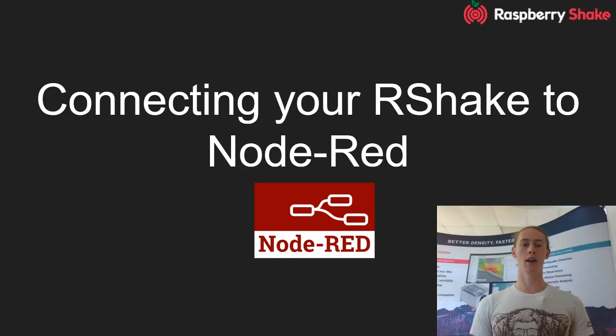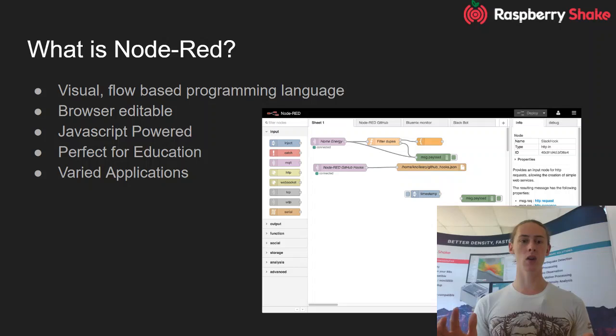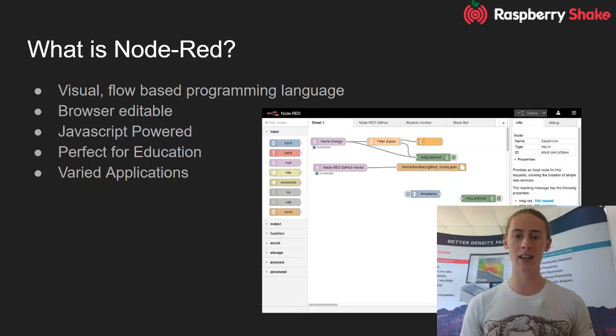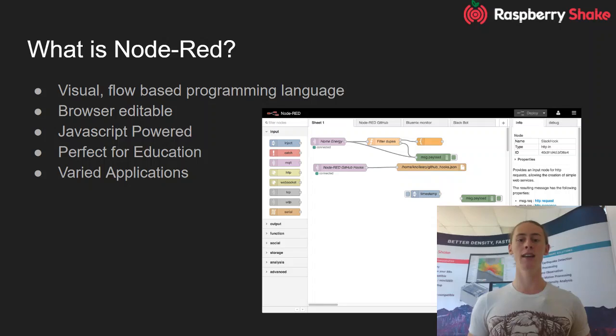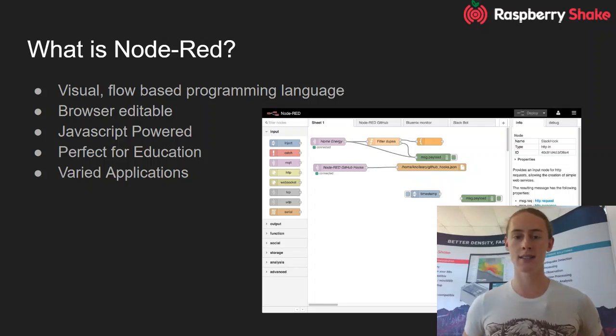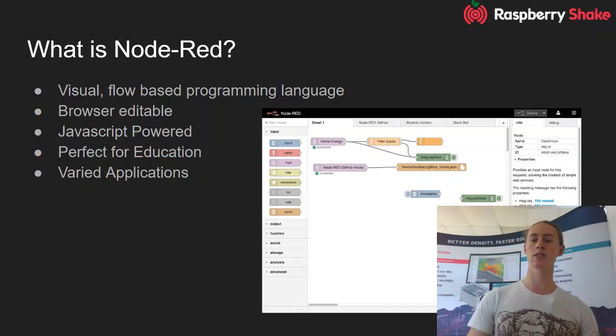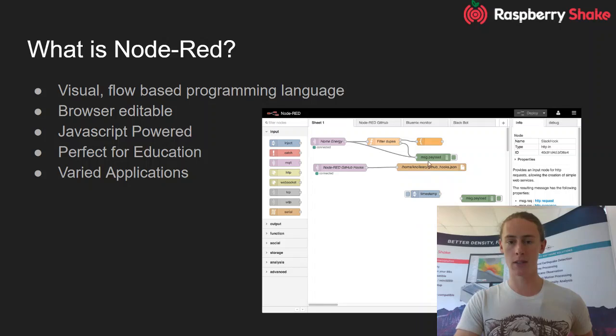Node-RED is a really cool programming language that is perfect for starting kids out and introducing them to computer science and really writing programs. It's a visual flow-based programming language, as you see in this graphic here.